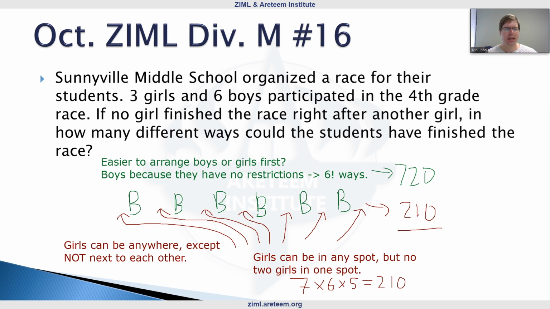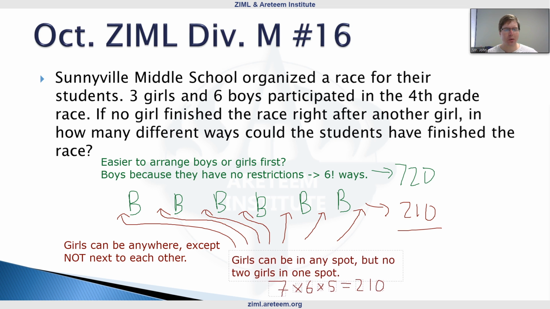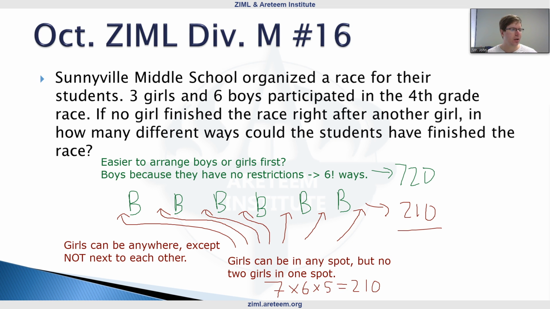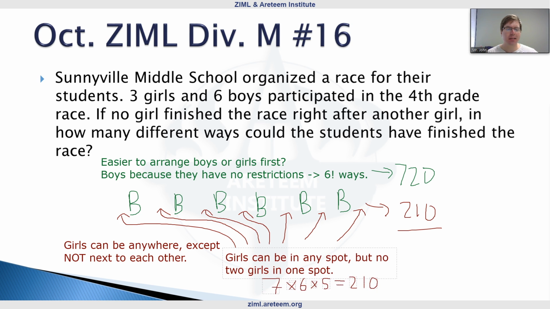We want to be careful. We want to be thinking about how we put things together. We just saw a bunch of problems where we put stuff together by adding, but that is not what we're doing here. This is a multiplying situation. We have the number of ways to do the boys and then the number of ways to do the girls, so we need to multiply these together.